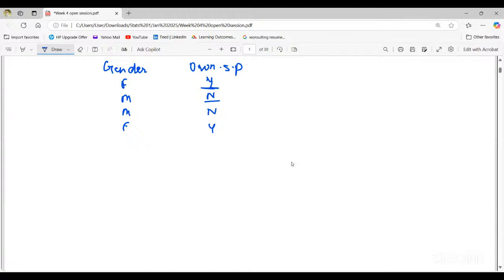Let's say I'm comparing income and owning a smartphone. In income, I'm having three categories, right? It can be high, low, or medium. So tell me what type of categorical variable this is.